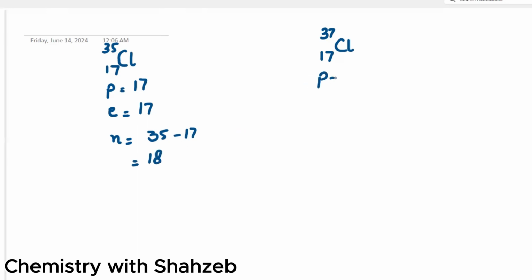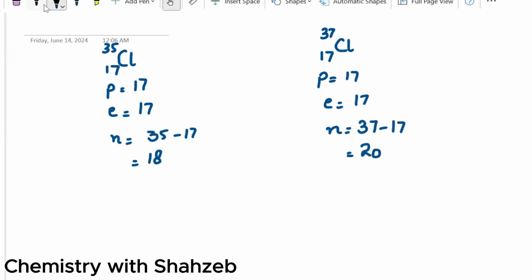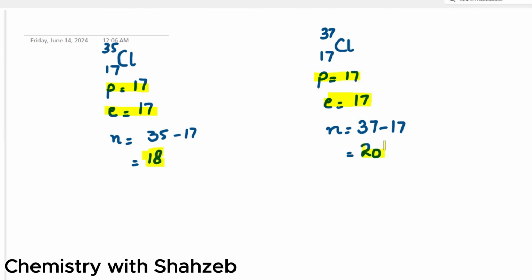So proton here is 17, electron here is 17, and neutrons would be 37 minus 17, and that becomes 20. So as you can see, again, it fulfills the definition that it has the same number of protons, the same number of electrons, but a different number of neutrons.